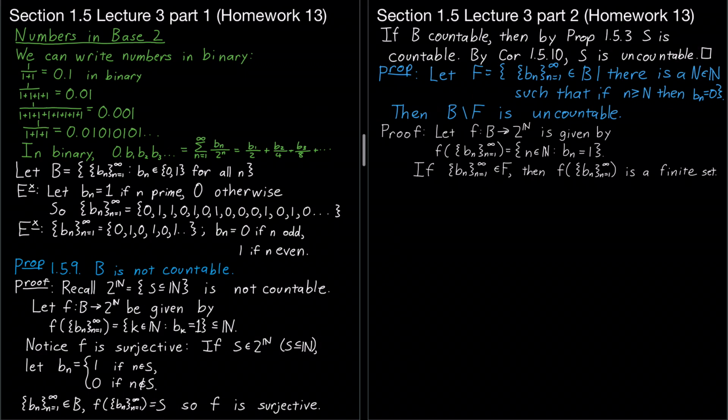So f is 1 to 1. We claimed in the last problem we needed f to be surjective. Now we need it to be injective. So we claim f is 1 to 1. We prove this as usual.